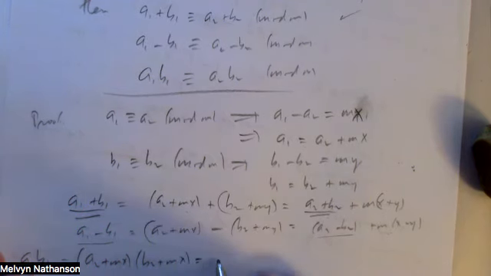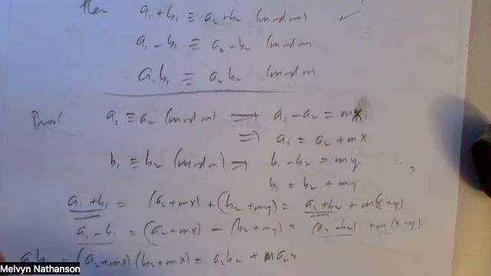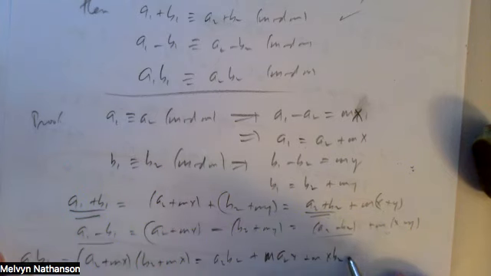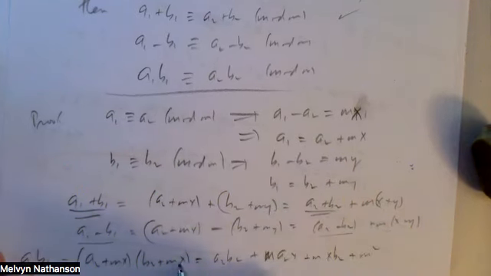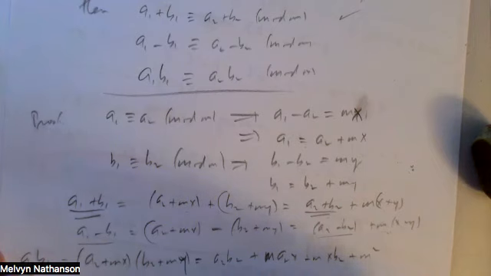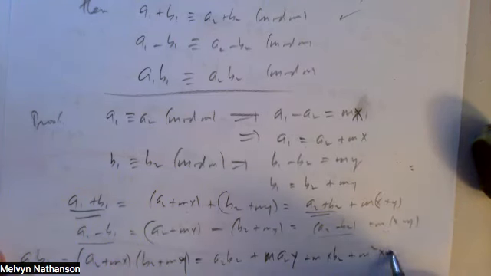When I multiply this through, I get A2 B2 plus A2 mY, plus mX B2, plus m squared XY.